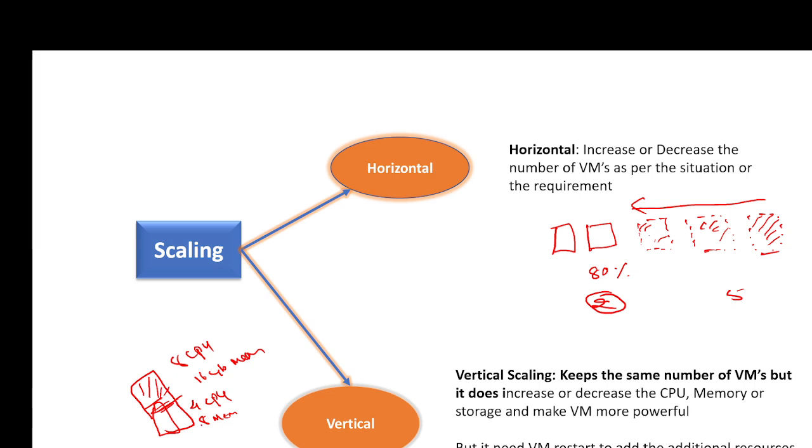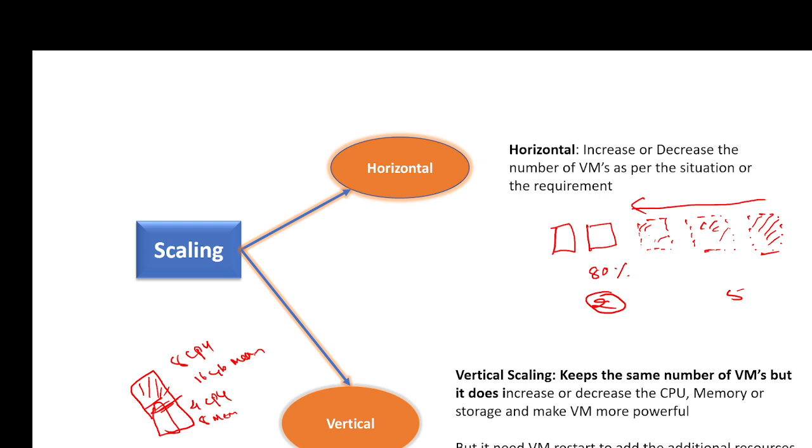In order to do the vertical scaling, the computer will get restarted. But in the horizontal scaling, the computer will not get restarted, because we are not touching the 2 virtual machines which are already there. We are adding additional servers. Hence, the application will not go down, not even a little bit, in case of horizontal.